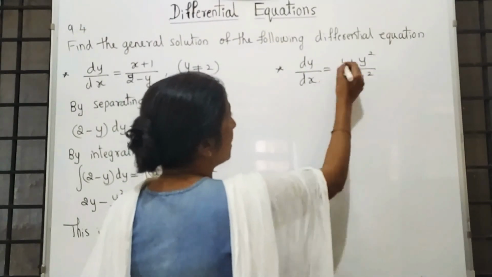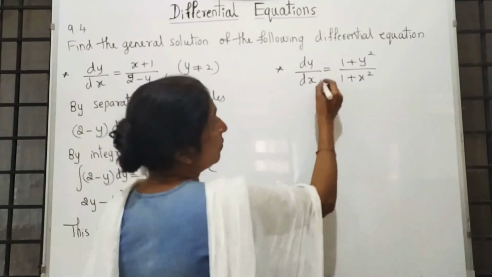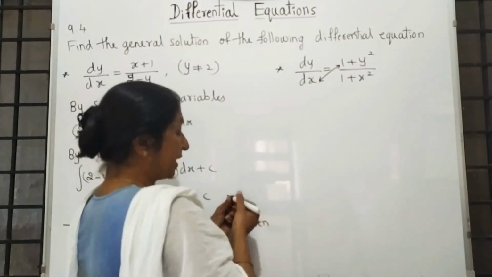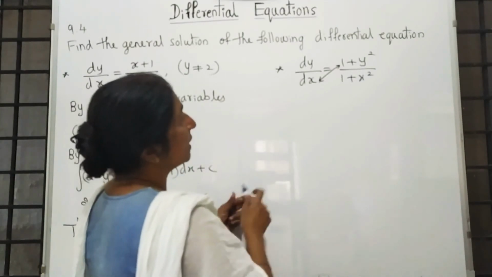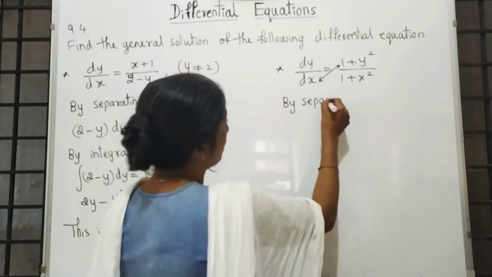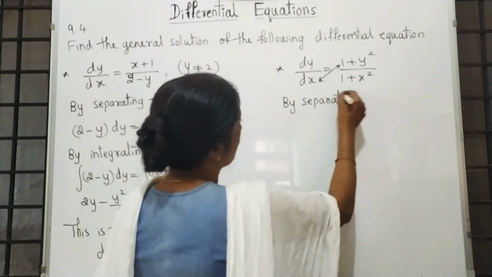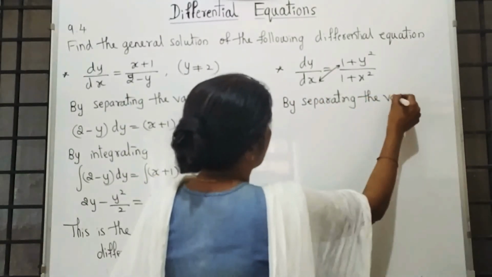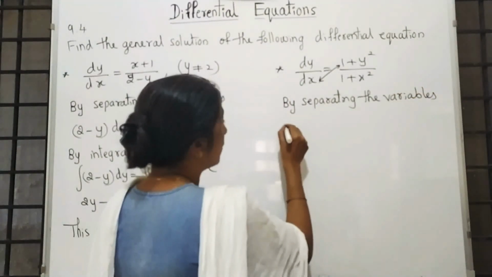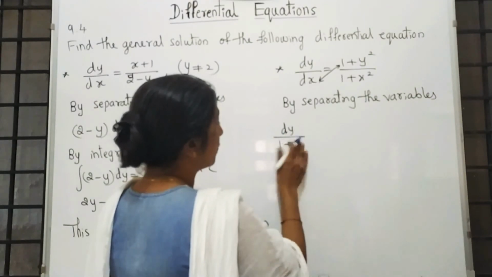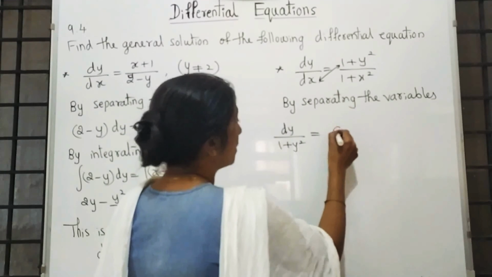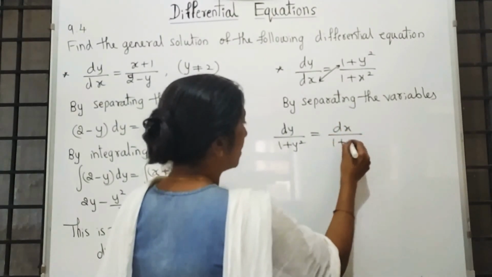See, just I did the cross multiplication. Instead of cross multiplication, I am interchanging these two. So, instead of writing interchanging, I am writing by separating the variables. dy upon 1 plus y square, because I am interchanging these two, is equal to dx upon 1 plus x square.